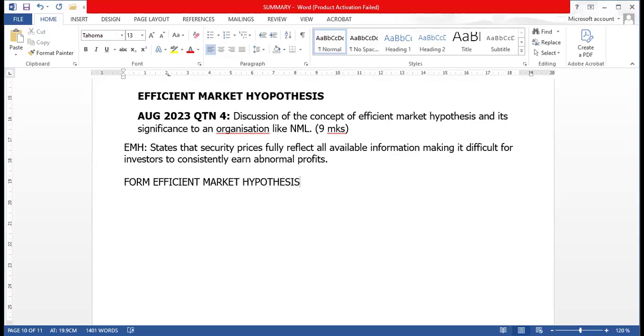So far, any addition? It is a discussion. Remember, it is a discussion. I am not going like the way the question is, explaining the concept, then immediately going to significance. I'm handling everything at once. So far, at least, do you have a hint about the efficient market hypothesis?